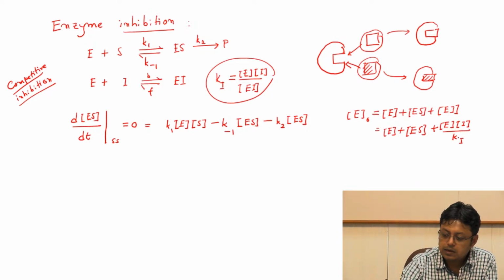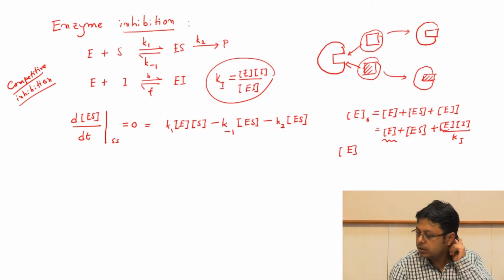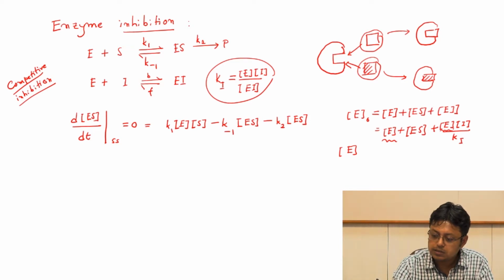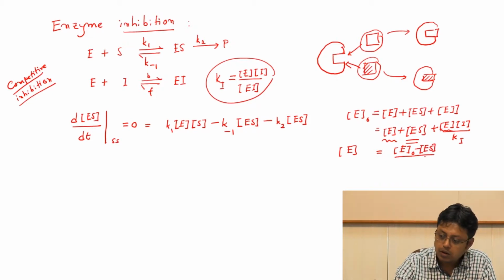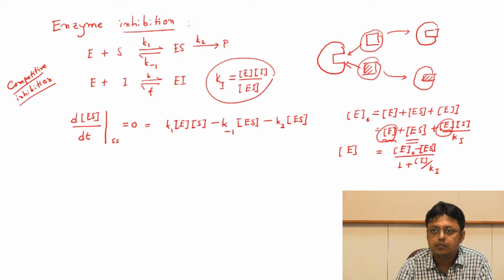I'm skipping a step: if I take the enzyme term common and move it to the left, it will be E equals E0 minus ES, divided by 1 plus I by Ki. So that is the solution for the enzyme concentration at any time.